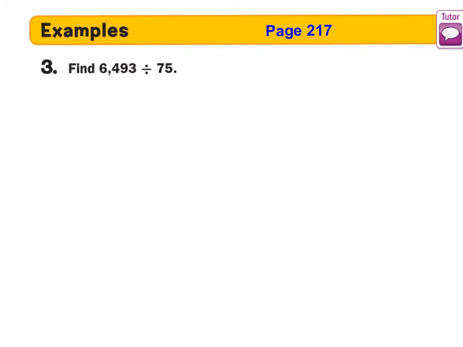All right, first example on page 217. First I'm just going to do some estimating. Let's change 6,493 into 6,400. If I were to divide that by 80, I would get 80 as an answer. So that's kind of my ballpark to get me started.